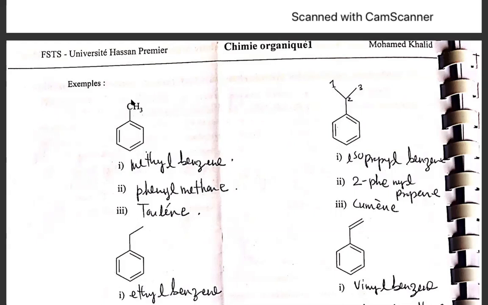In other words, when you're doing the nomenclature for the benzene, don't consider the liaisons. Just forget about them. Just look at it as if it's one complete chain without any alternating double liaison.